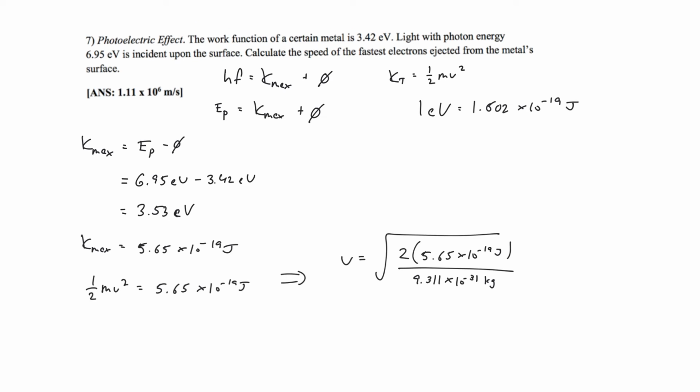That's on the back of your PRC also. And so we see the speed is 1.10 times 10 to the 6 meters per second. It gave you 1.11, just rounding error. Okay, so that's number 7.